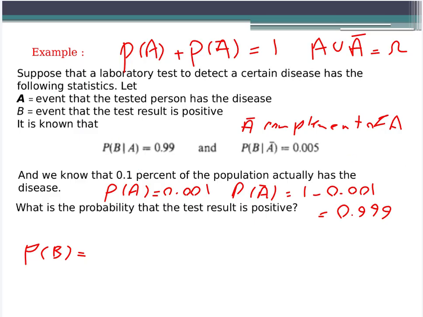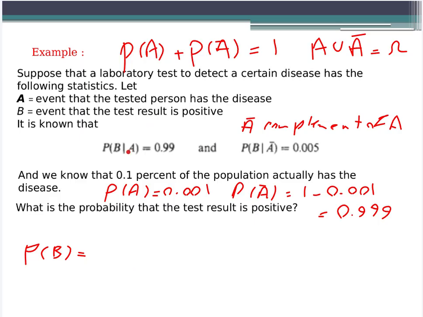Total probability theorem. As I said in the previous session, you should study the subjects of the slides. In such a situation, we should think of the total probability theorem.